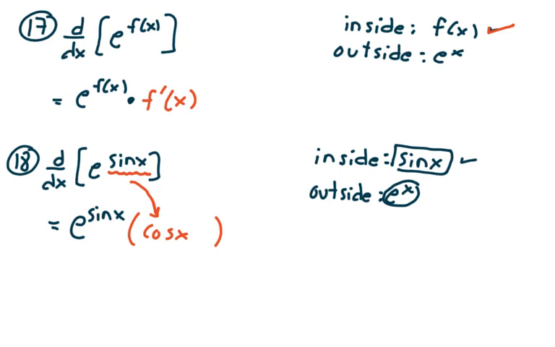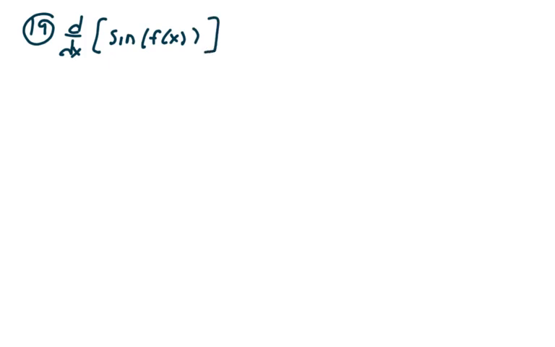Let's take a look at 19, 20, 21, 22, 23, and 24. So let's take a look at 19. Suppose I want the derivative of sine of f of x. What's inside? The inside function is f of x.